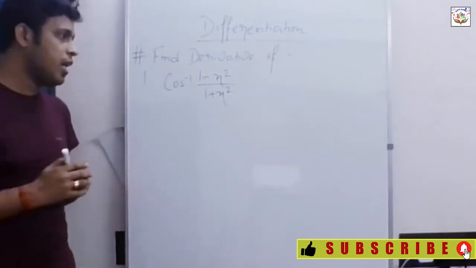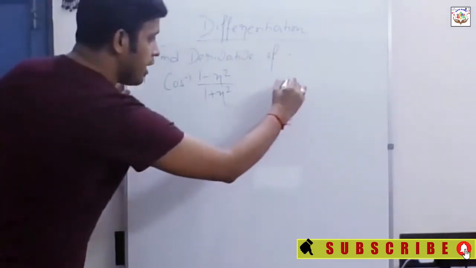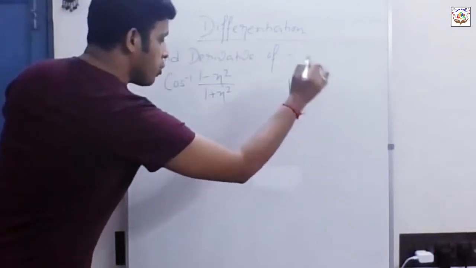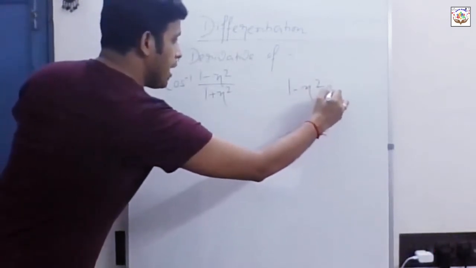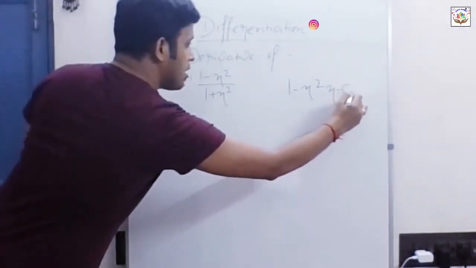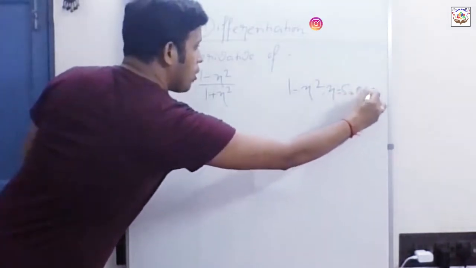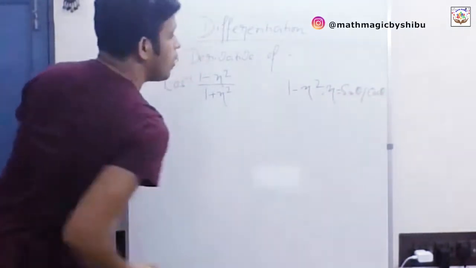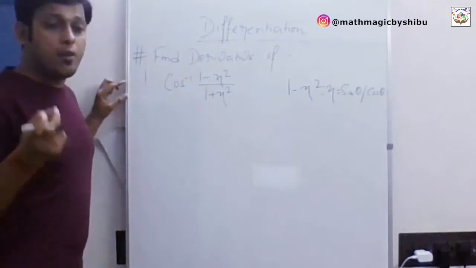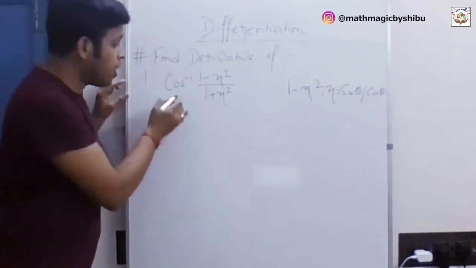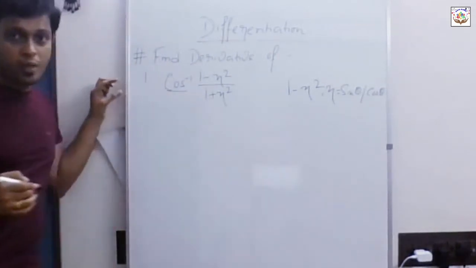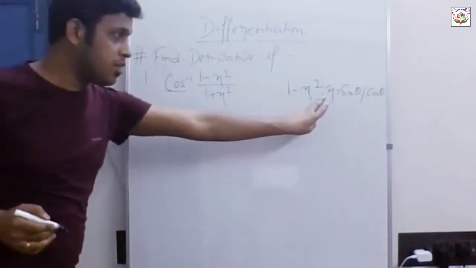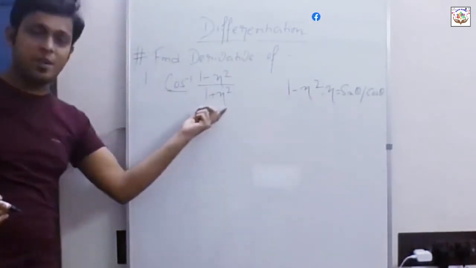If we see an expression like 1 minus x square, we'll try to take x as either sine theta or cos theta, although it will depend on the case. In fact, this will not be applicable to this problem itself.